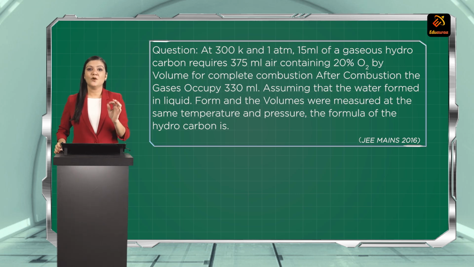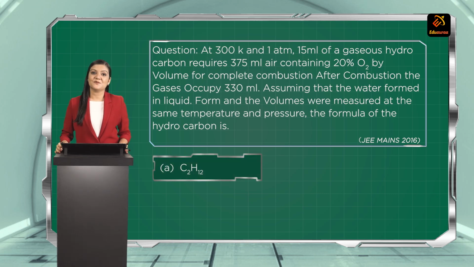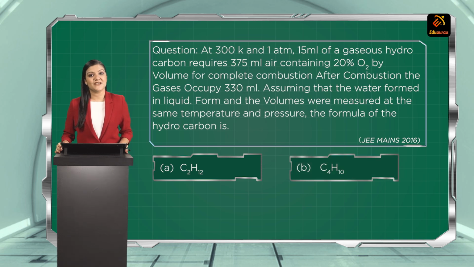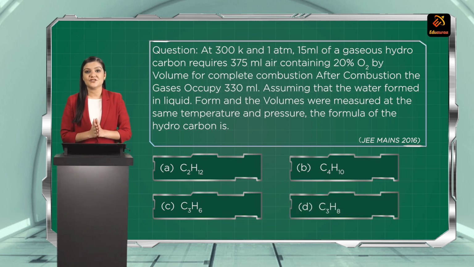Assuming that the water formed is in liquid form and the volumes were measured at the same temperature and pressure, find out the formula of the hydrocarbon. The options given are option A, C4H8, option B, C4H10, option C, C3H6, and option D, C3H8.